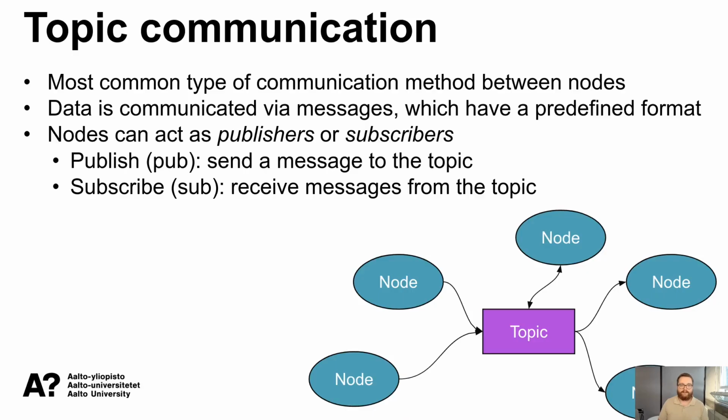So in a topic, you communicate via a predefined message type, and nodes act as publishers or subscribers. Publishing means that they send messages into the topic, and subscribing means that they receive messages from the topic. This can look something like this. You have multiple nodes, and multiple nodes might be connected to a single topic. They might be publishing, they might be subscribing, or they might be doing both.